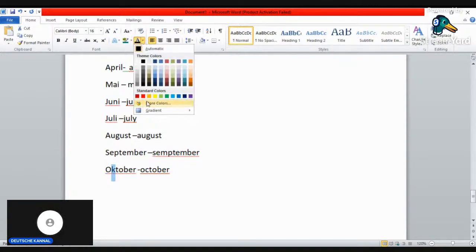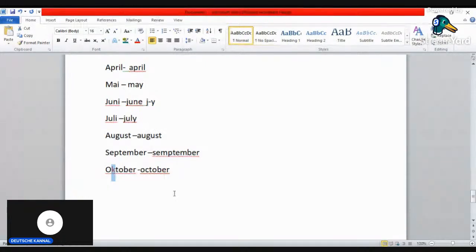Then we have November, the same spelling and almost the same pronunciation.